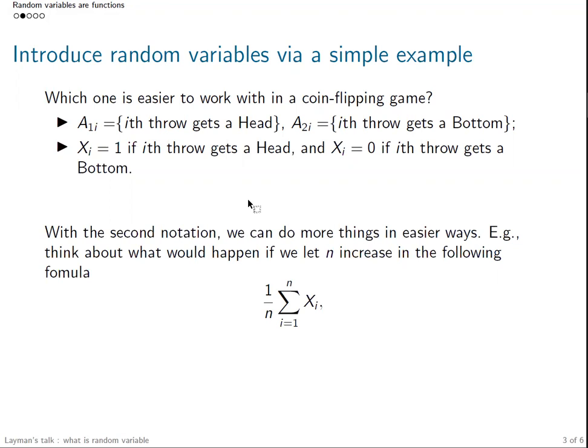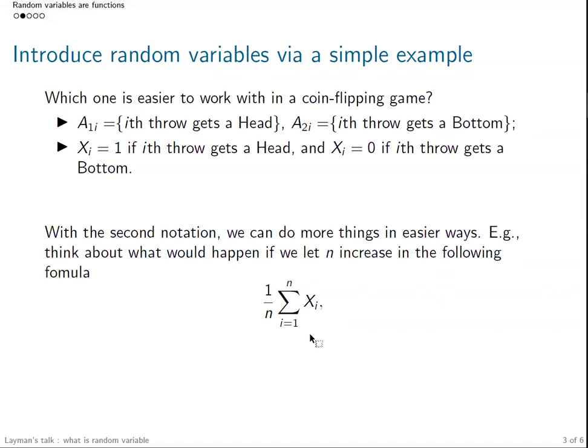For example, think about what would happen if we let n increase in the following formula, the sample average. We know Xi could take either 1 or 0, so the sample average could also take multiple different values, right? Because each Xi within this formula could either be 1 or 0 with half-half probability.